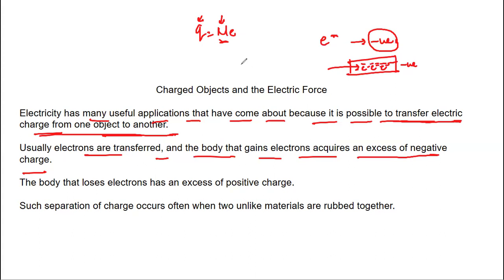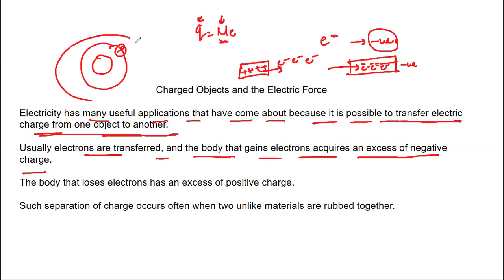On the other hand, if there is another body and you're pulling electrons out of it, you're pulling out negative charge, so that body will be positive. Because if you take all the electrons, what is left? In the atom, the electrons are outside, and what is left is the positive charge. Neutrons do not carry charge. So that body will have an excess of positive charge.